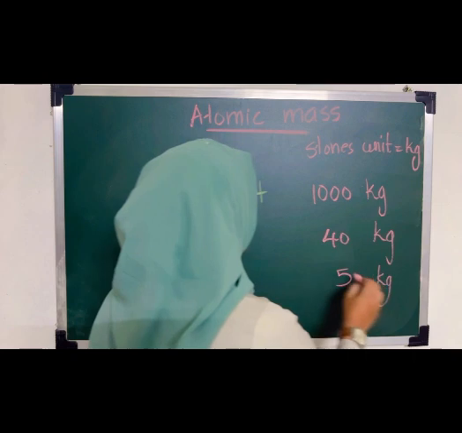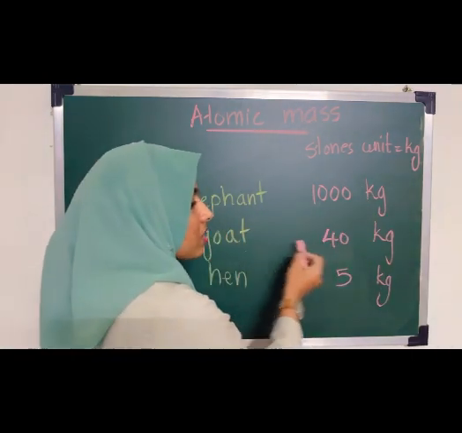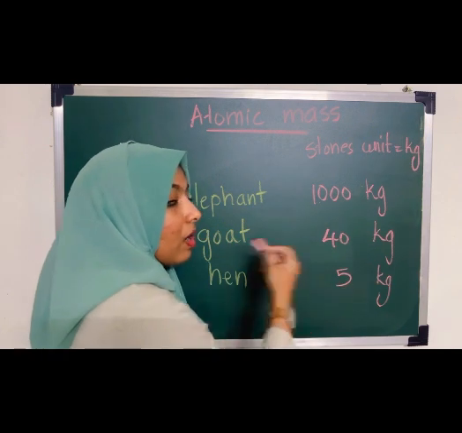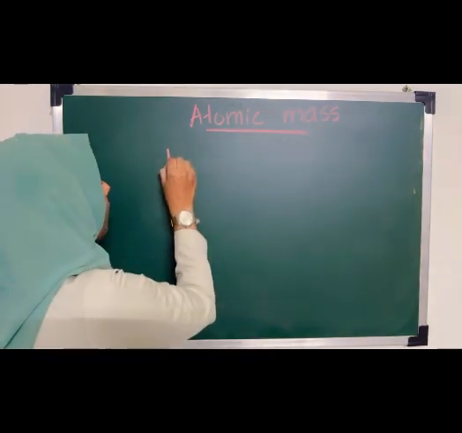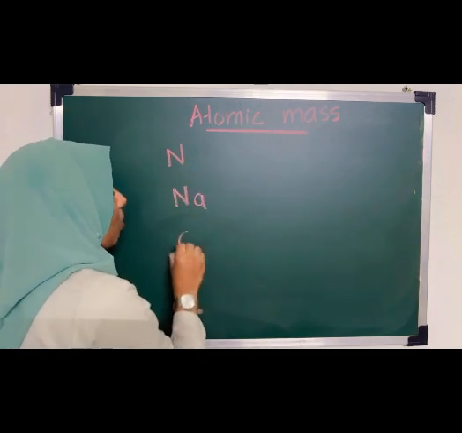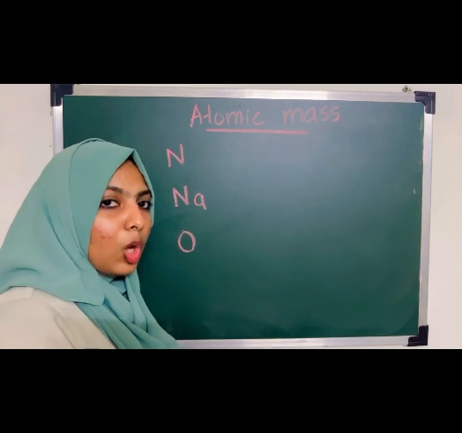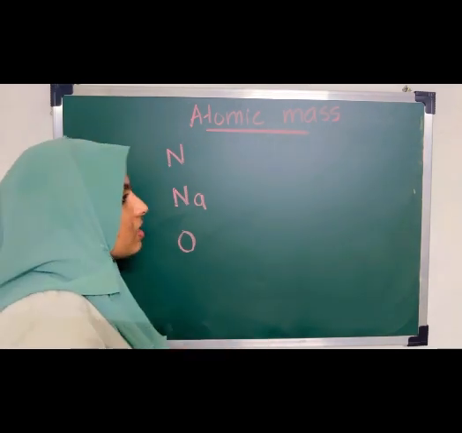So I can say the weight of the elephant is 1000 kg, goat 40 kg, hen 5 kg. Like that, you just imagine I want to find the weight of a nitrogen atom, sodium atom or oxygen atom. So like the stone, I made a unit.